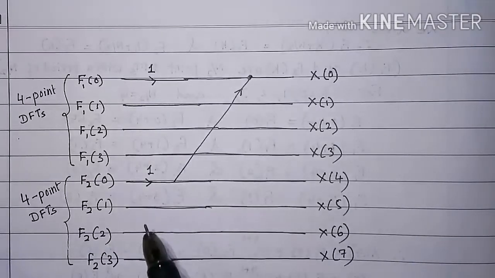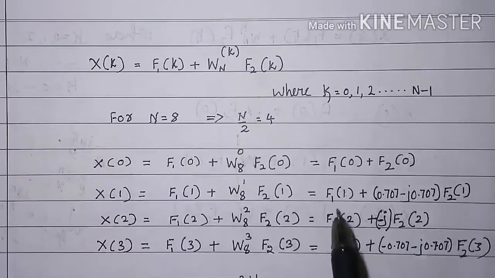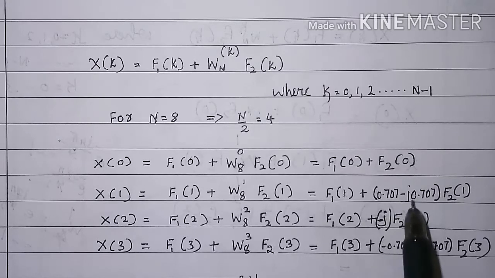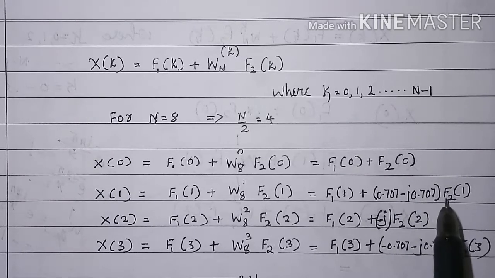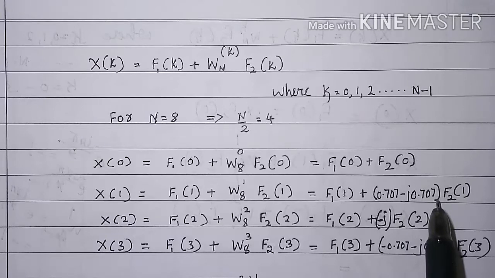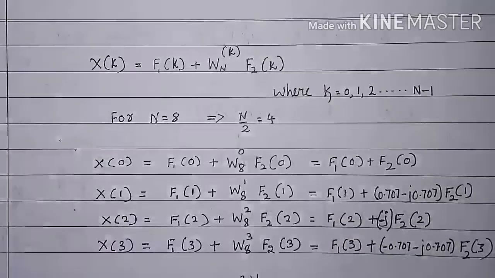Next we have to calculate x of 1. X of 1 is equal to f1 of 1 plus bracket 0.707 minus j 0.707 f2 of 1. That means I have to multiply f2 of 1 with 0.707 minus j 0.707 and then add it to f1 of 1.